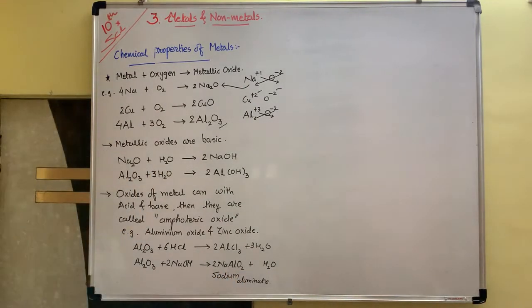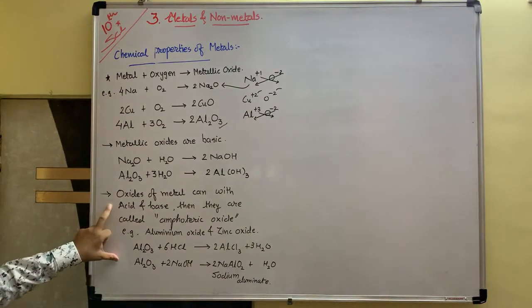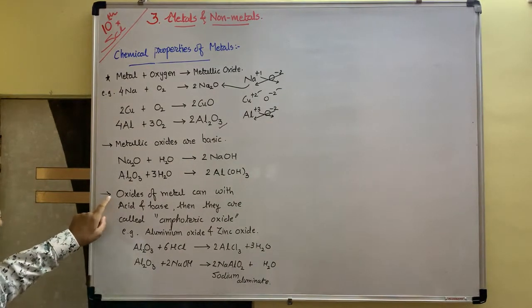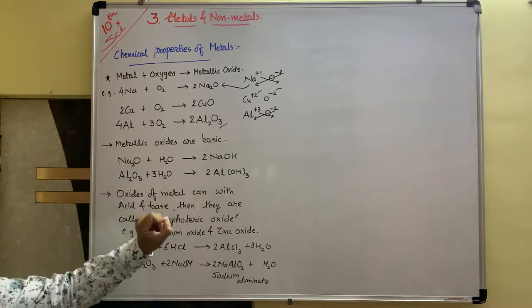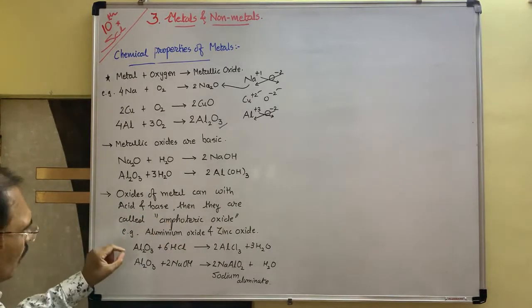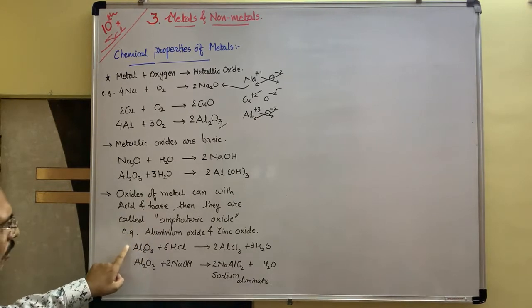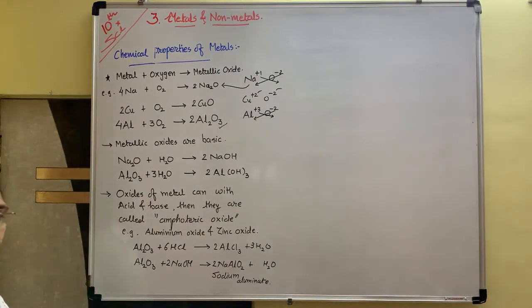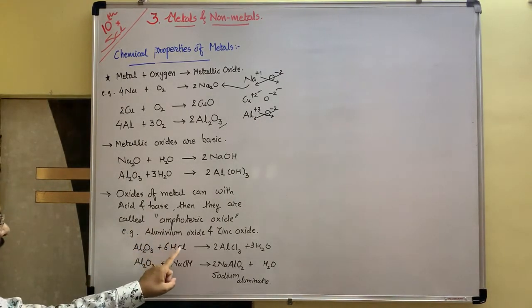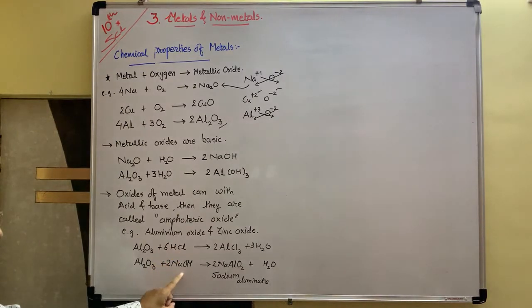The question will also ask: aluminium oxide is an amphoteric oxide, explain. So you have to explain the definition of amphoteric oxide, and then give the example of why aluminium oxide reacts with acid as well as base and what it forms. Is it okay?